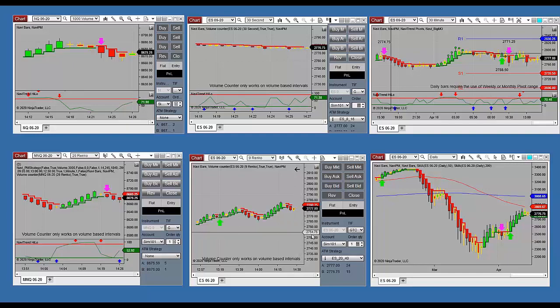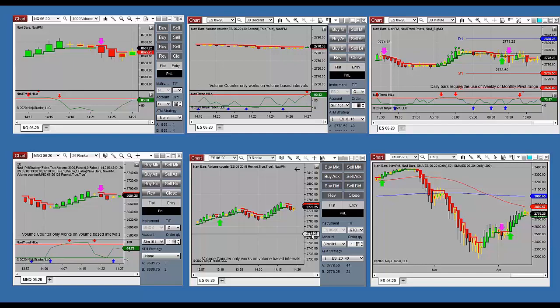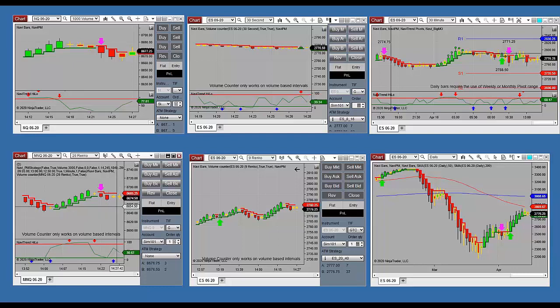All right, so good turnout here. Right now the NASDAQ, you can see, is still consolidating.